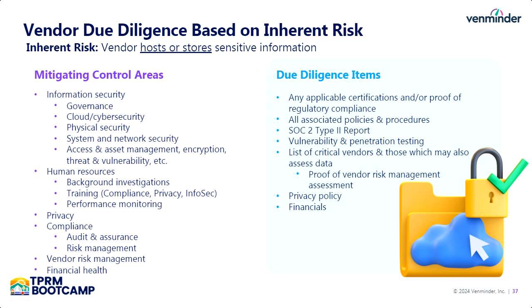So we would be asking for all of those certifications and proof of regulatory compliance, all their associated policies and procedures, their SOC 2 Type 2 report, their vulnerability and penetration testing, their list of critical vendors, and any of those that might access data. That would include any of their fourth-party vendors that might access data as well. We want all of that proof of vendor risk management, those assessments, risk monitoring, etc., their privacy policy and financials.